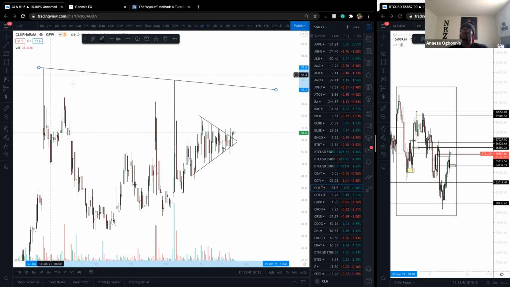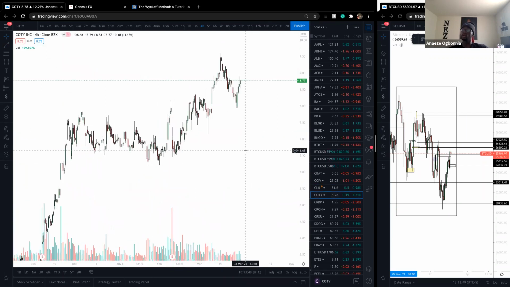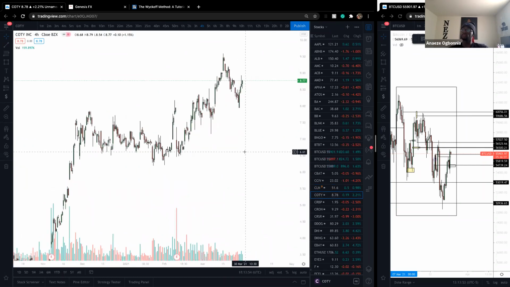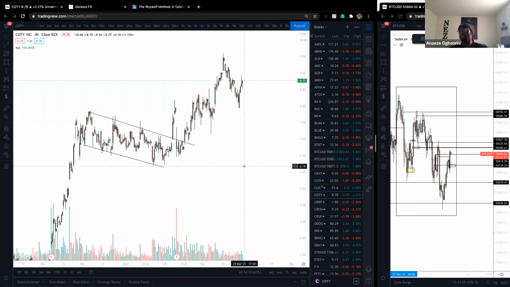Sometimes you want to add in your trend lines to see what's really going on. So COTY, we're bullish. We had our first breakout occur down there. We had that rising wedge, which is why the breakout occurred.